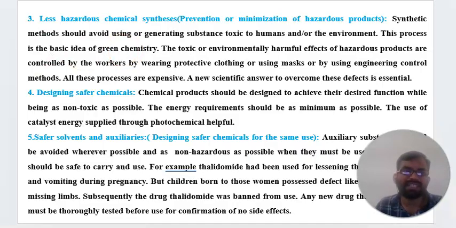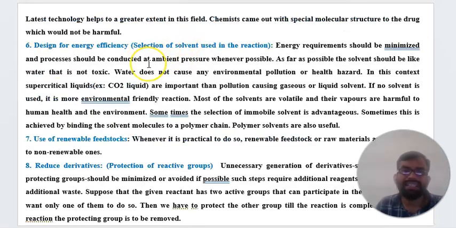Next, the sixth one, design for energy efficiency, like the selection of solvent used in the reaction. The energy required should be minimized, or the process should be conducted at ambient temperature whenever possible. As for solvents, water is non-toxic. Water does not cause any environmental pollution or health hazards.